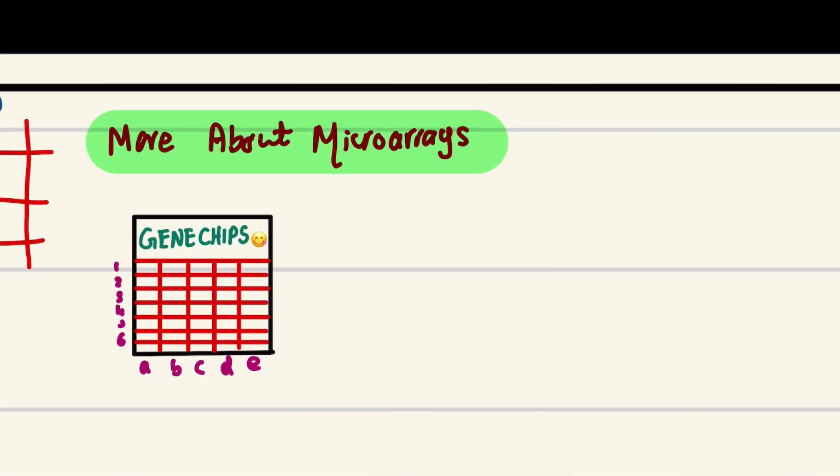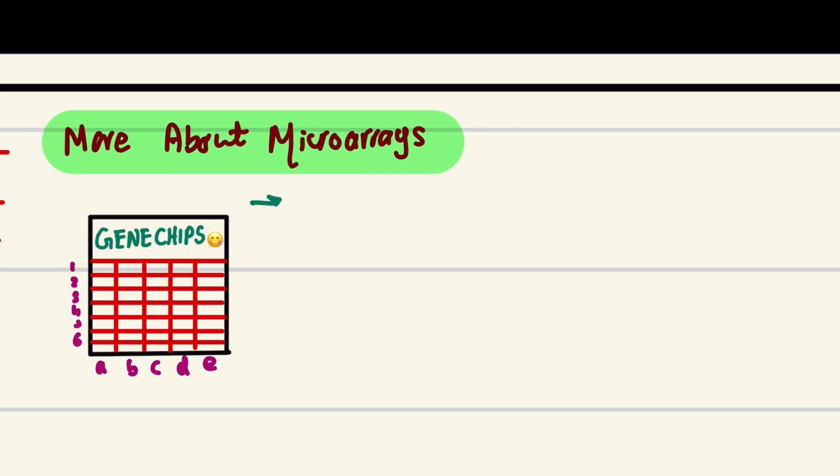Alright guys, so now I want to talk a bit more about what's really happening over here. So all of these different spots, what I want you guys to know, I'm going to write something over here and then I'll explain it to you guys.